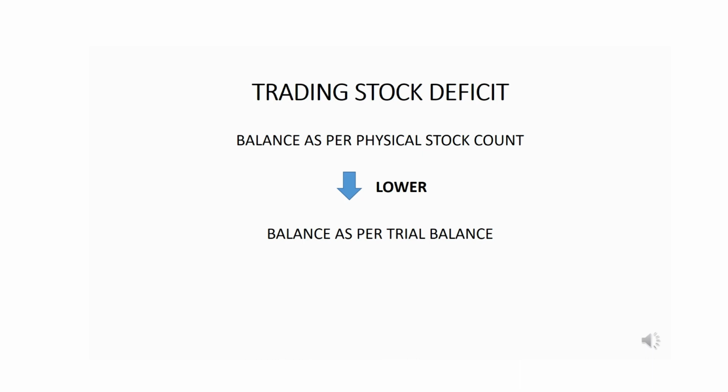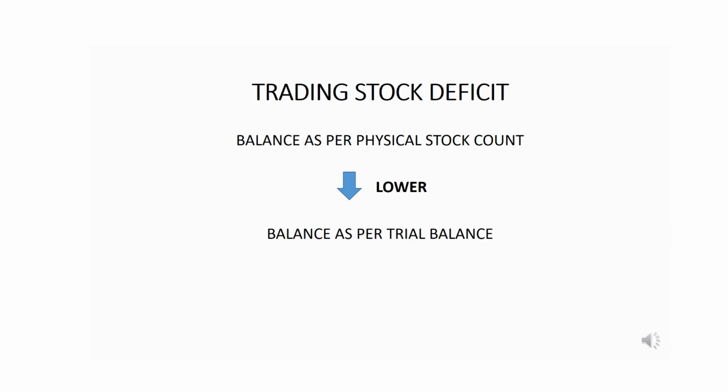If your balance as per physical stock count is lower than the balance as per your trial balance, it is an overstatement that needs to be corrected by reducing that balance so that it equals your physical stock count, which is lower than your balance as per trial balance.